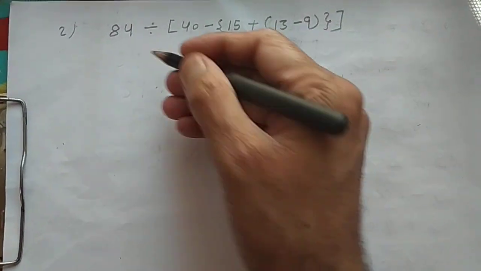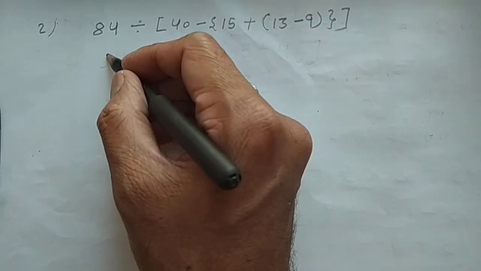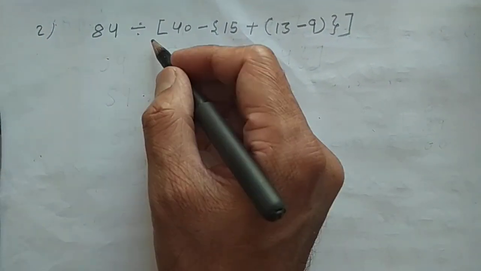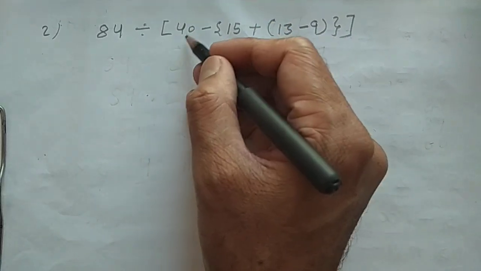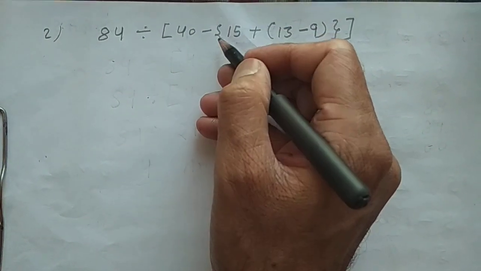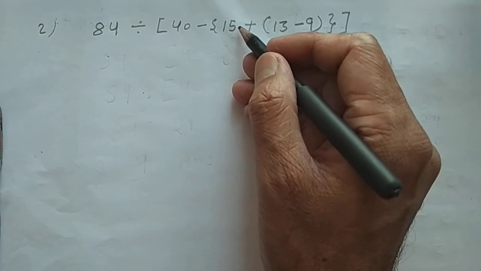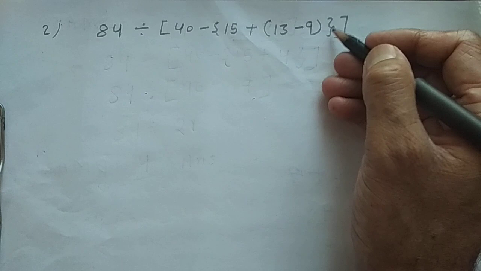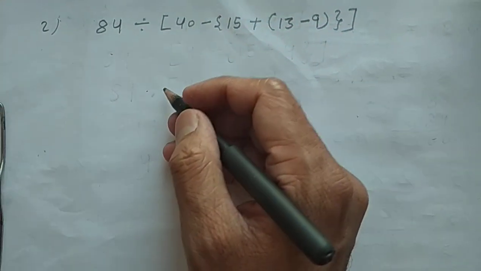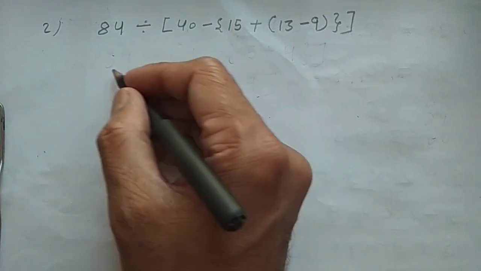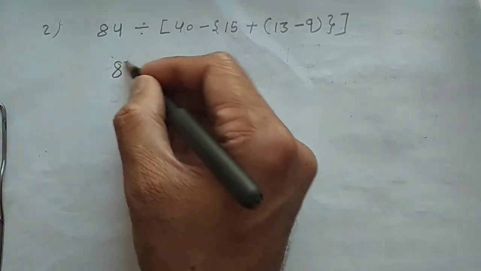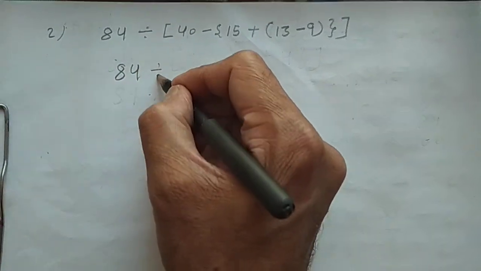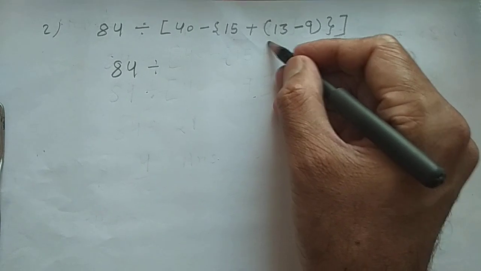Now let's see another question. 84 divided by rectangular bracket 40 minus curly bracket 15 plus round bracket 13 minus 9 round bracket close, curly bracket close, rectangular bracket close. Let us start. 84 divided, first we will solve this.